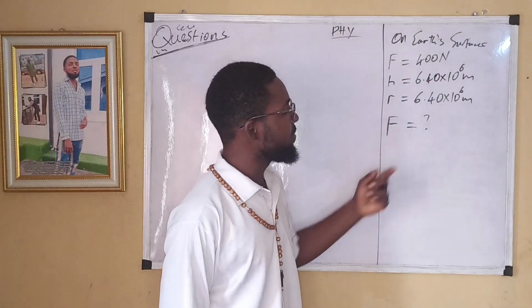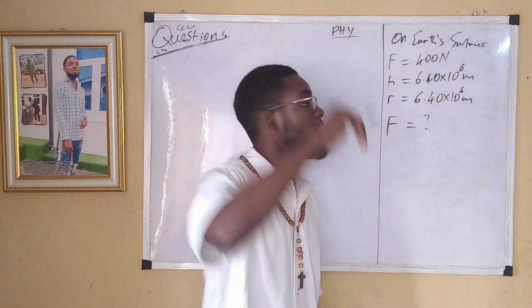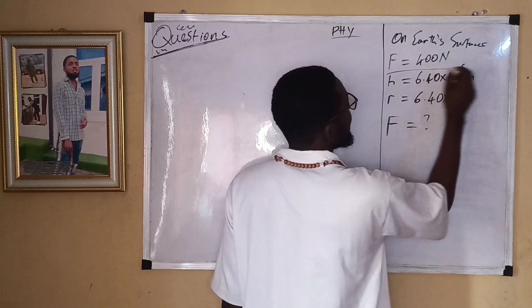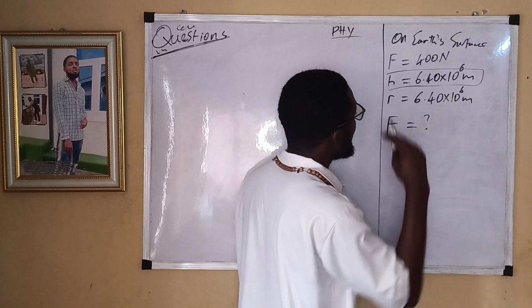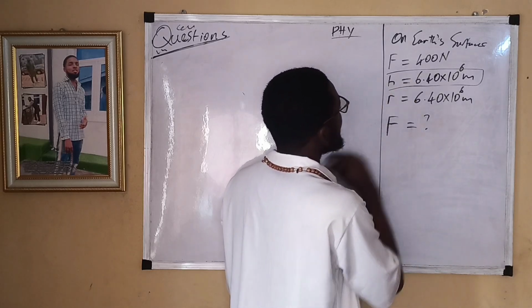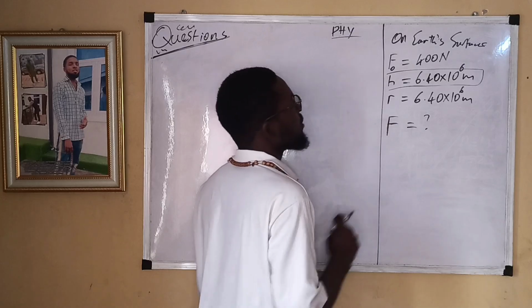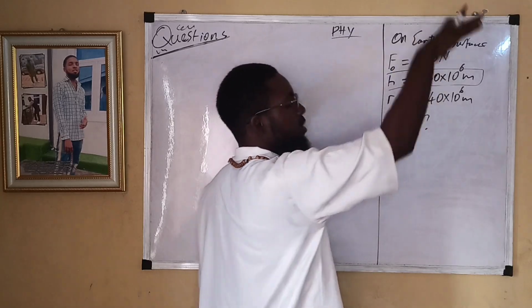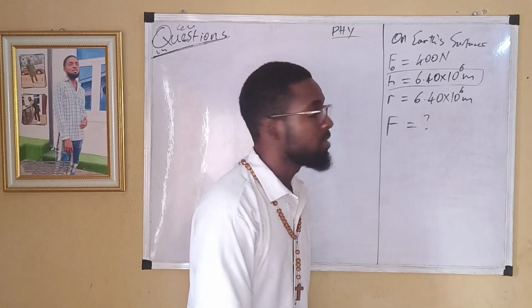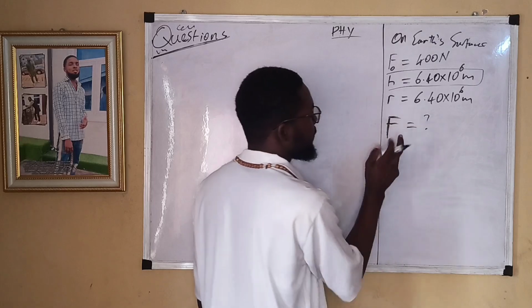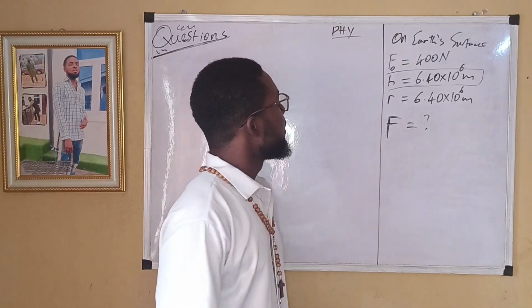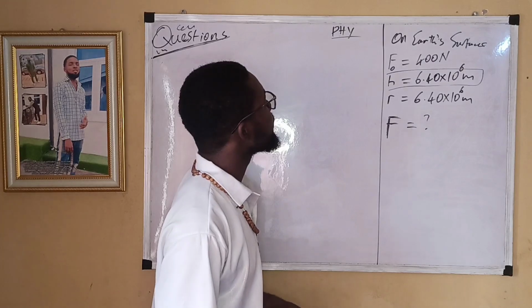We are looking for the weight at the altitude, that means at this height, above the ground. So let me call this one F naught, weight on the Earth's surface, while we call this F. This is what we are looking for.